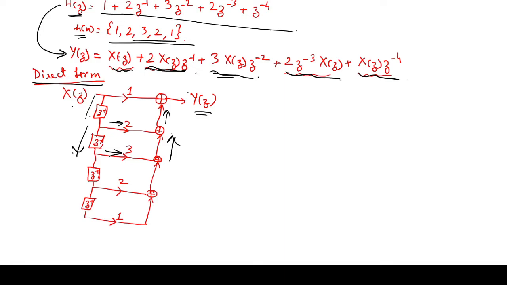Then again this component is delayed, multiplied, added up, this one delayed, multiplied, added up. So this is how you implement the FIR filter by the direct form realization.